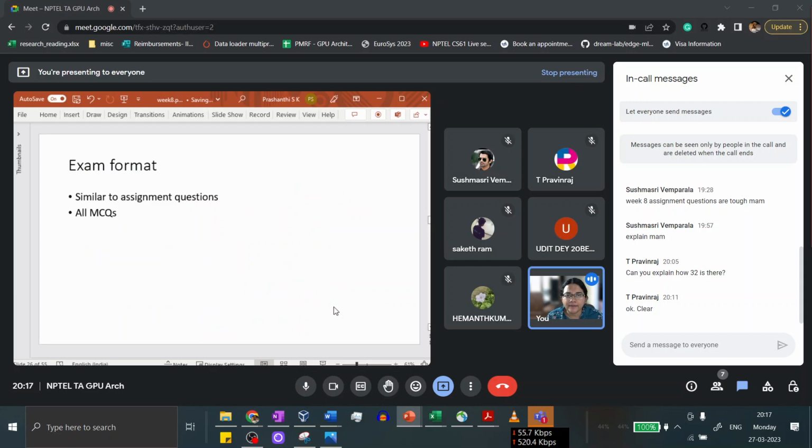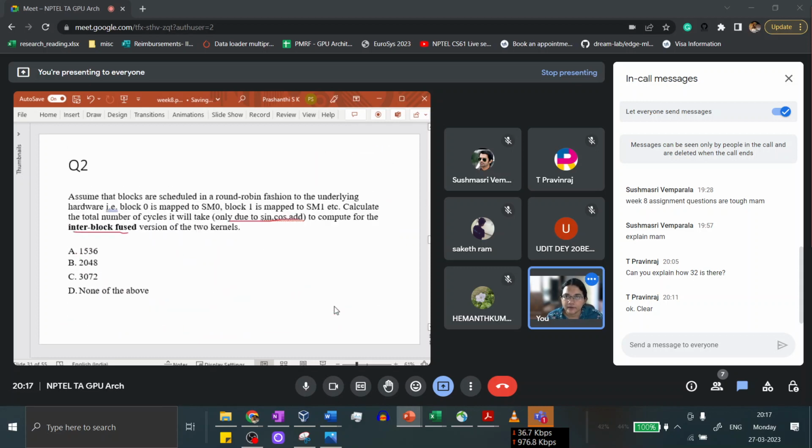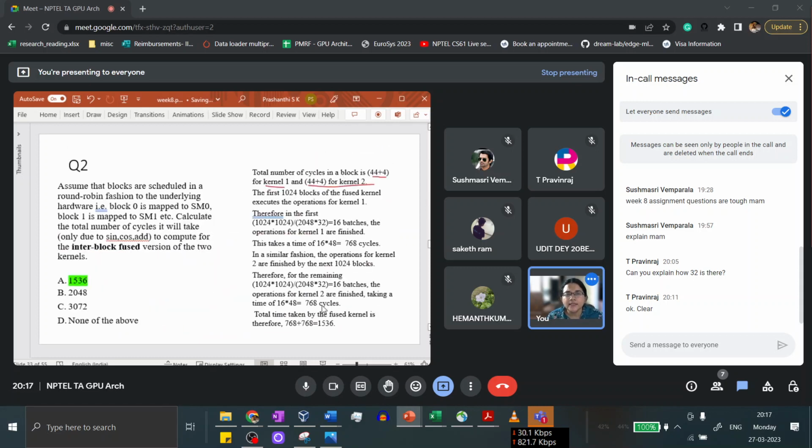Now going back to our question 2. If I do an inter-block fused version, the first 1024 blocks will execute operations for kernel 1 and the next 1024 blocks of the fused kernel will execute operations for kernel 2, because now the number of blocks will be 1024 plus 1024, which is 2048.